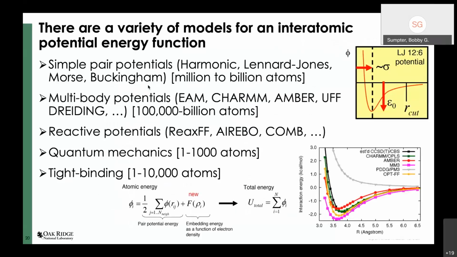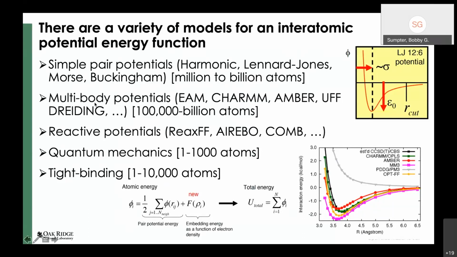Examples of different types of models for these interatomic potentials range from, as I mentioned, the harmonic oscillator and Lennard-Jones. There's the Morse potential, which allows chemical reactions to occur. There's Buckingham. These can be used in the derivatives and the equations that come out of putting these into Newton's equations, and can be solved for millions to billions of atoms, so pretty large systems.